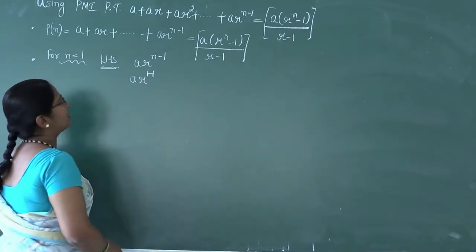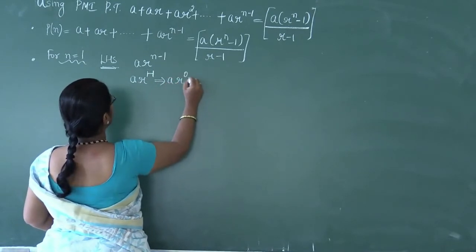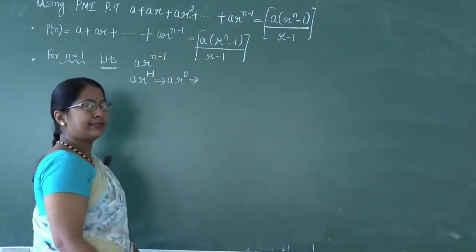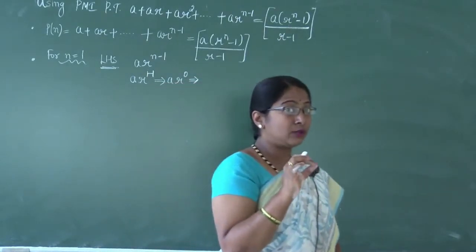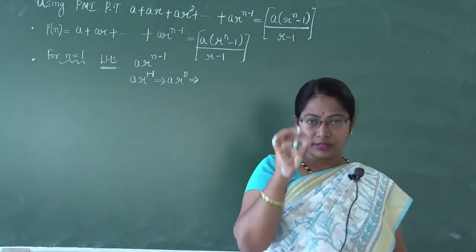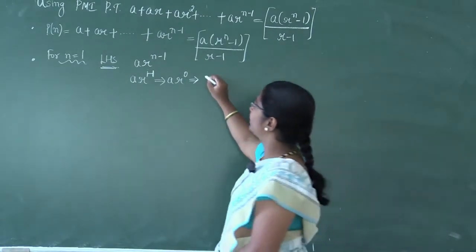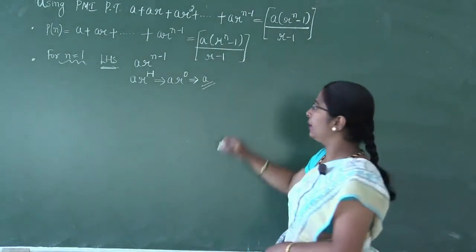What is 1 minus 1? Implies AR to the power 0. Any number raised to the power 0 is 1. R to the power 0 is also 1. 1 into A will sum up to A. Therefore, the LHS answer is A.